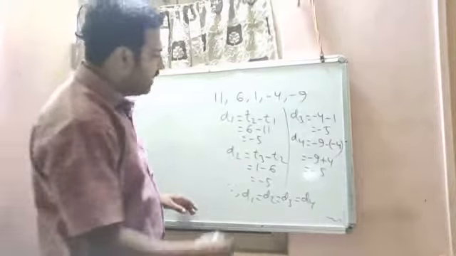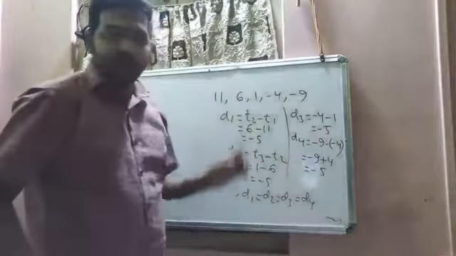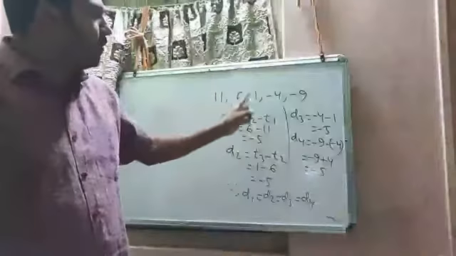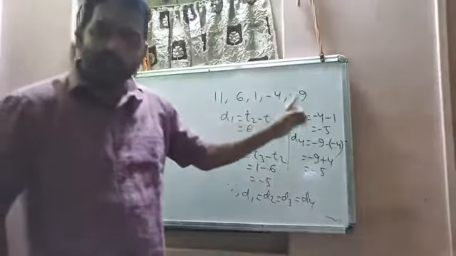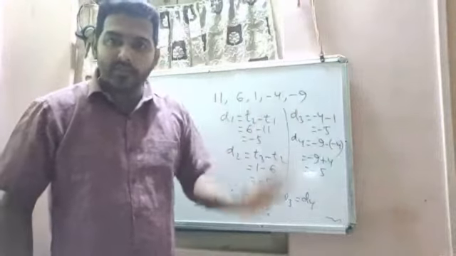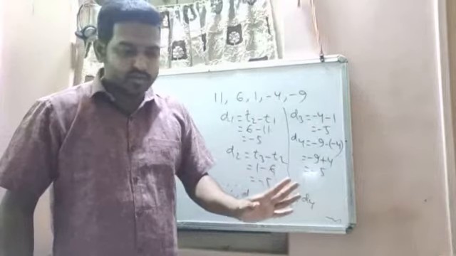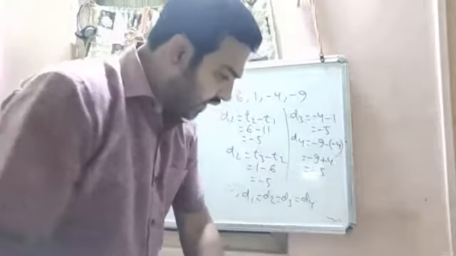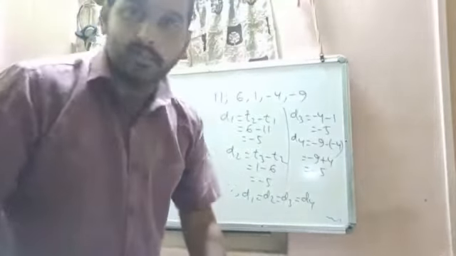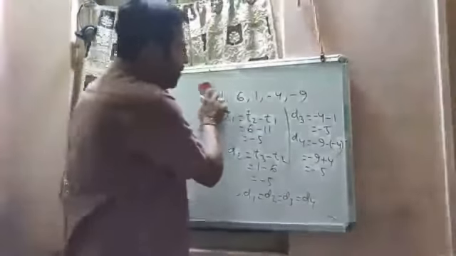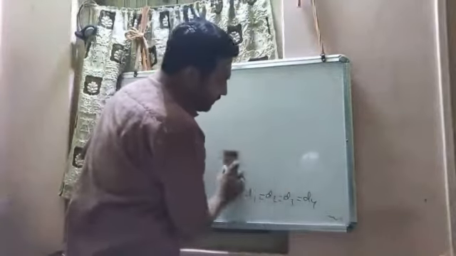So we can say that the numbers 11, 6, 1, minus 4, minus 9 form an AP. Okay, understood? Let's move to the next question based on the formula we have already learned.